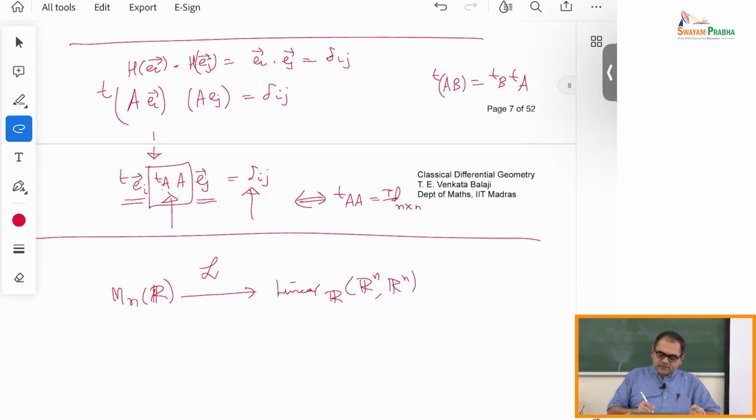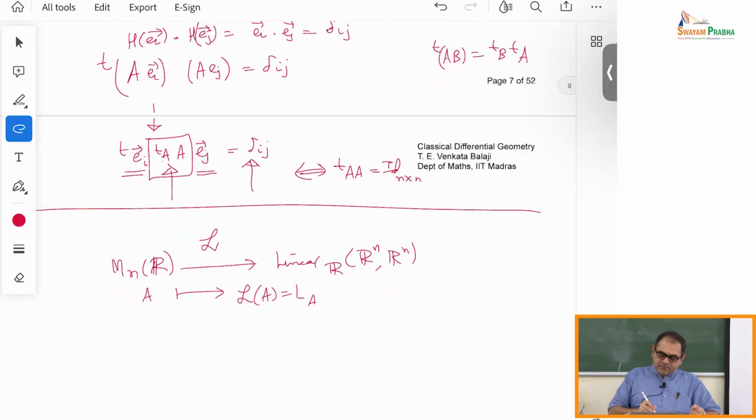You had this L, and this is just A going to script L of A, which is L sub A. Mind you, this is a bijective map, and it has an inverse.